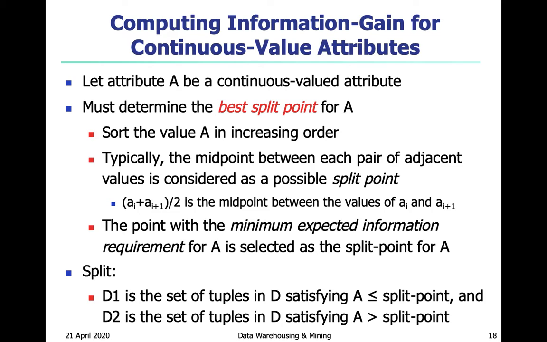Okay, but how can we compute the information gain of an attribute that is continuous valued? So in the example, we have chosen A as discrete valued, but if A is continuous valued, then what will we do? Suppose we have an attribute A that is continuous valued.